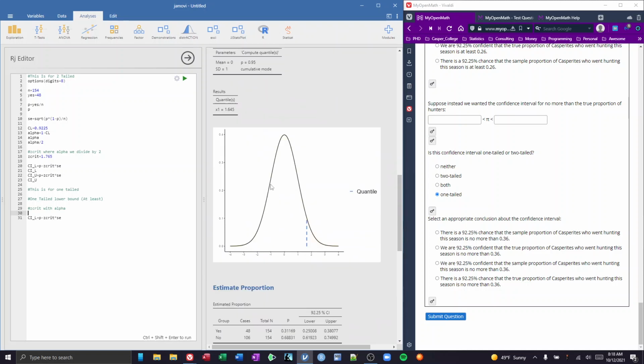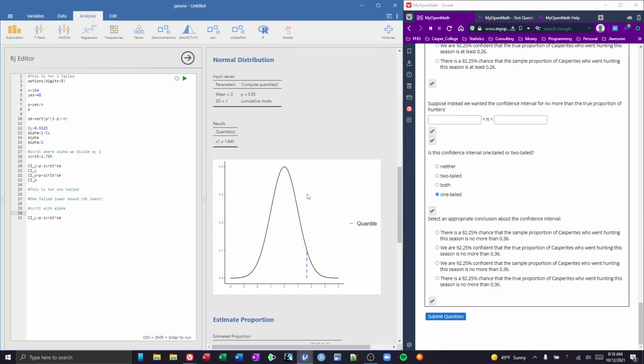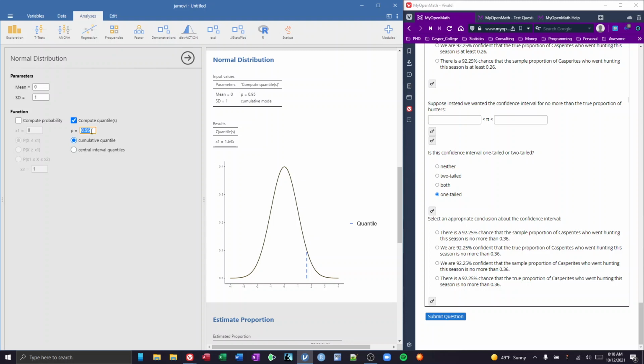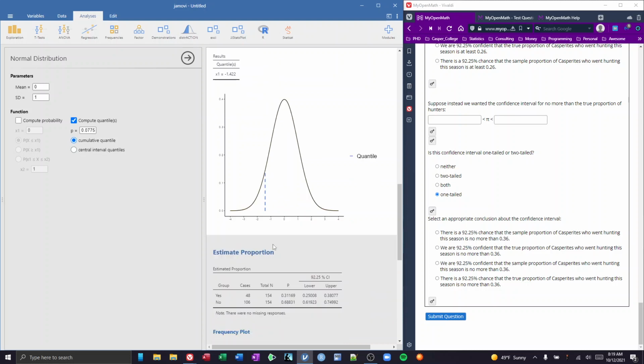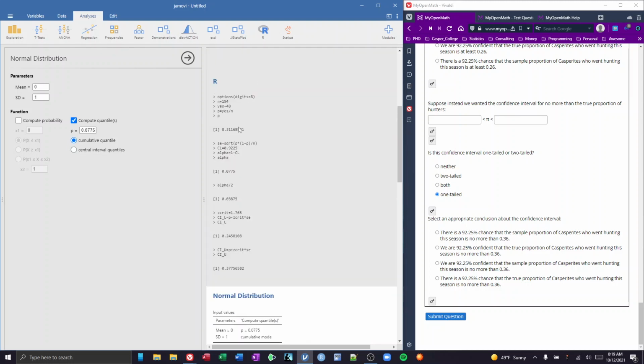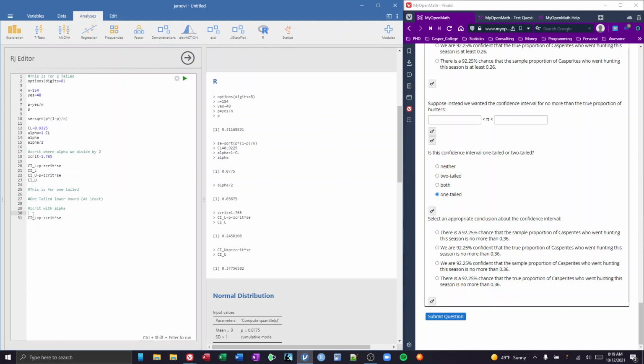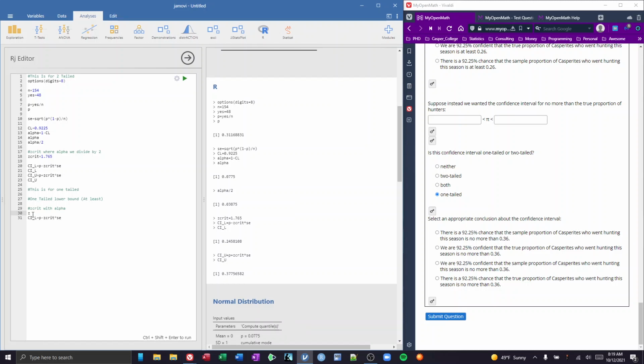All right, so let's go back to our normal distribution. And I'm going to put 0.0775. And I get this new Z score right here, this 1.442. I'm going to grab this 1.442 and put it in for my new Z critical. Let's go back to our editor. So my new Z critical is equal to 1.442.